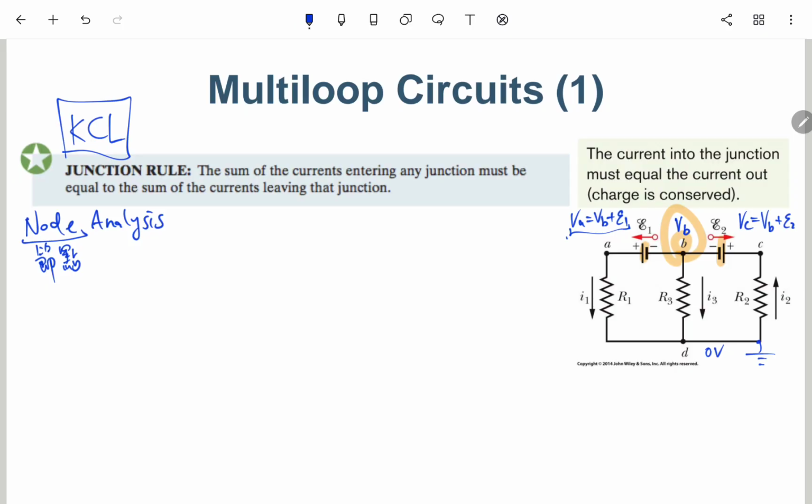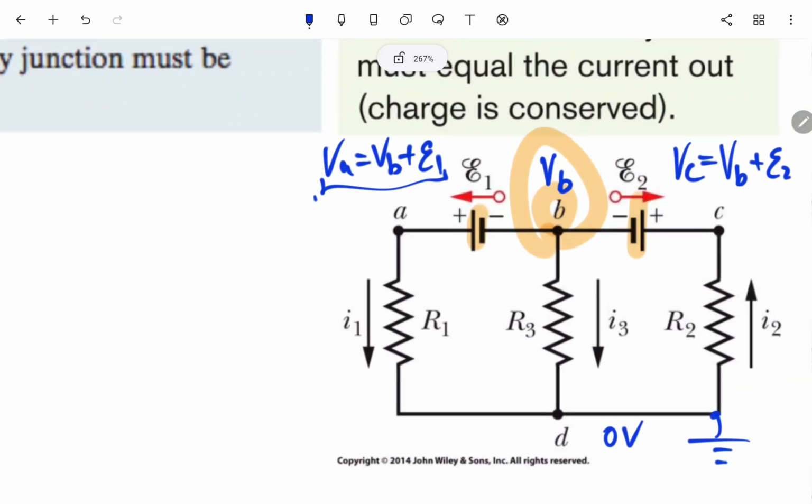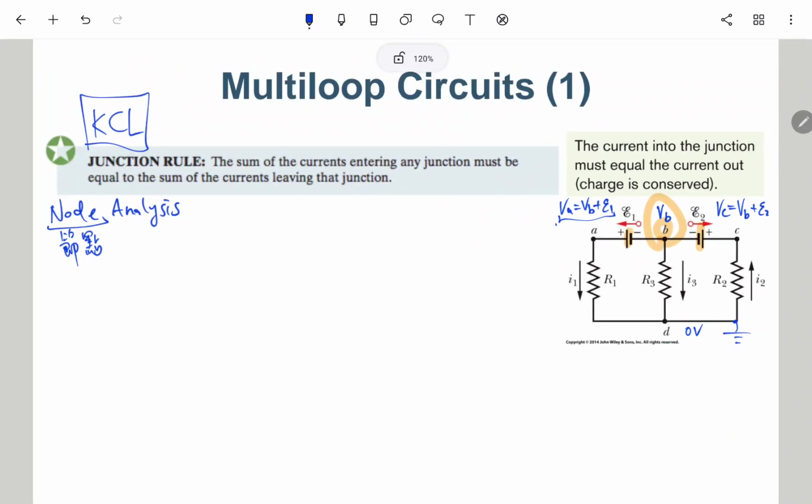So we try to apply the KCL at this node. Okay, so for KCL, we try to compute the total current going in equals the total current going out.